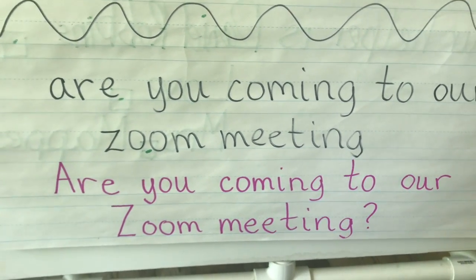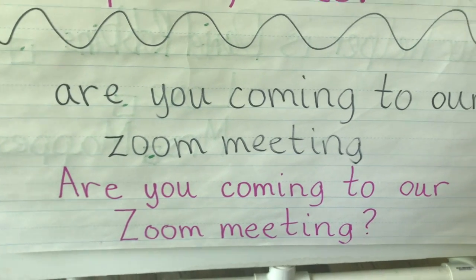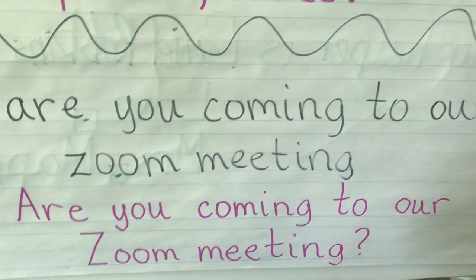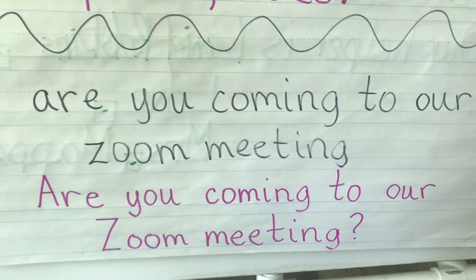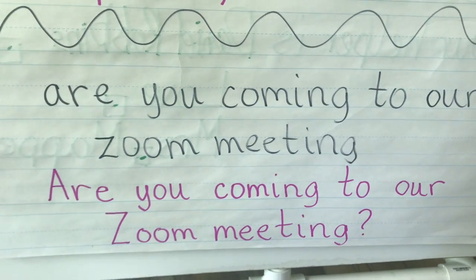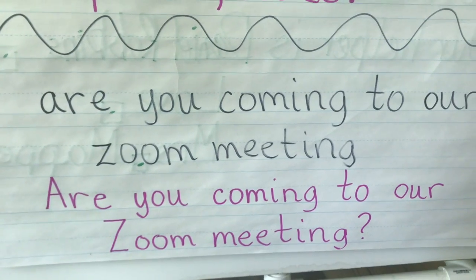So that gets a capital letter as well. That is a tricky one. If you didn't get that, that's okay. And the big thing, though, is this is a question. So make sure you have a question mark there because you are asking someone something. Are you coming to our Zoom meeting? I hope the answer is yes for all of you.